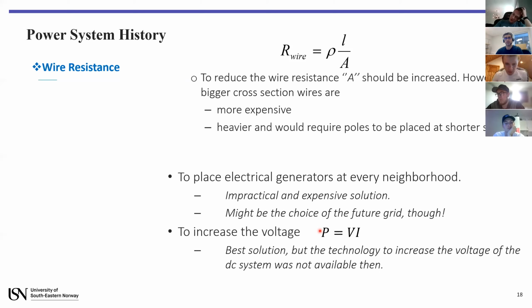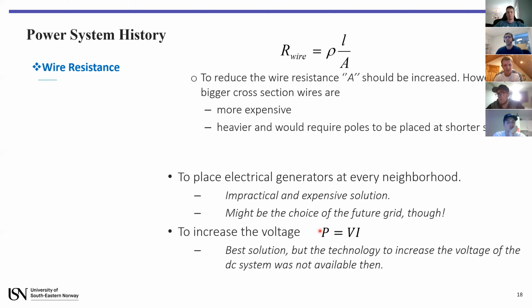Increase the voltage. Exactly. What was the problem with the Edison system? Why didn't he increase the voltage? Do you know what was the main feature of the Edison system?